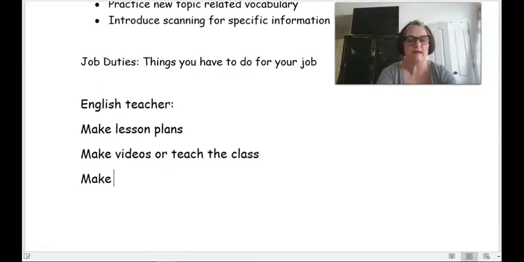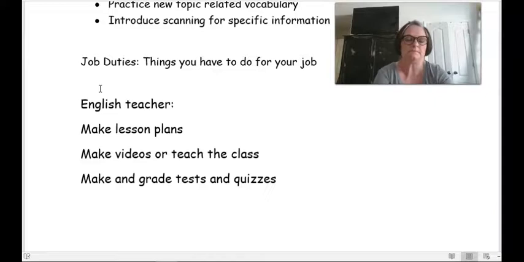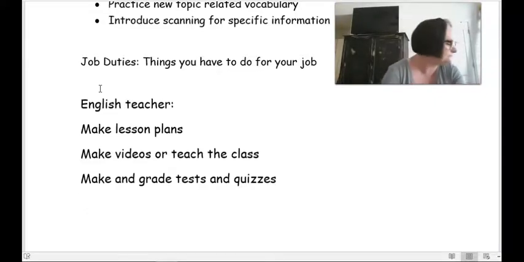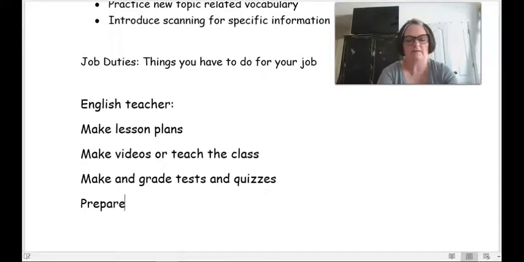I also have to make and grade tests and quizzes. What else do I have to do? Those are some of the big ones. I have to prepare for the class.